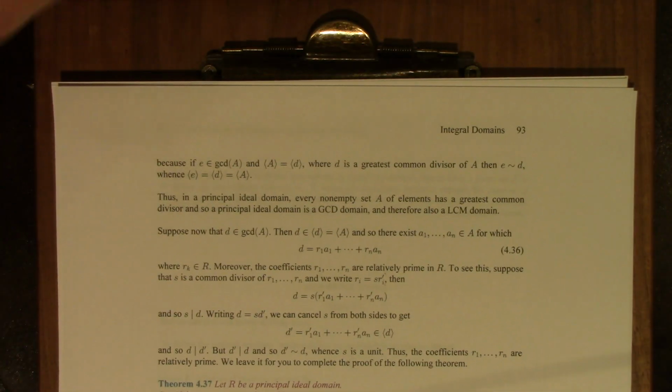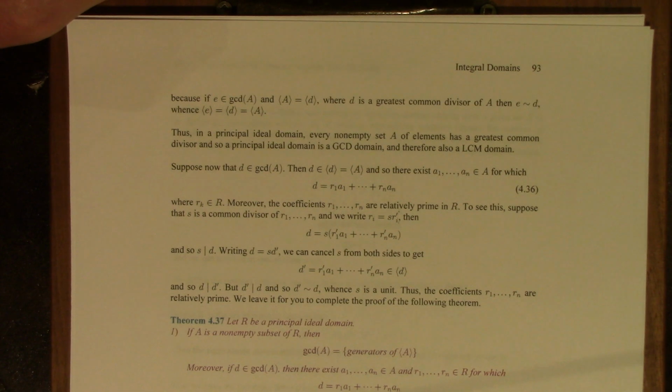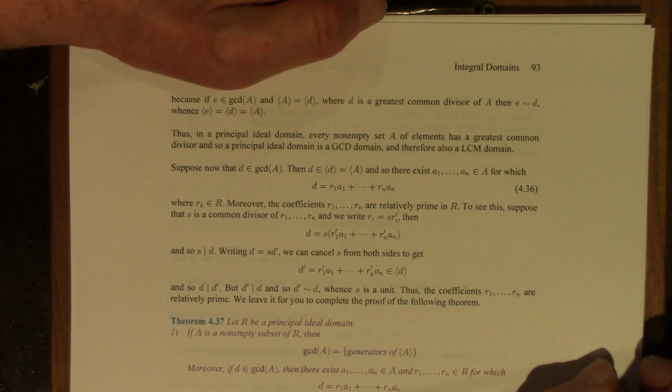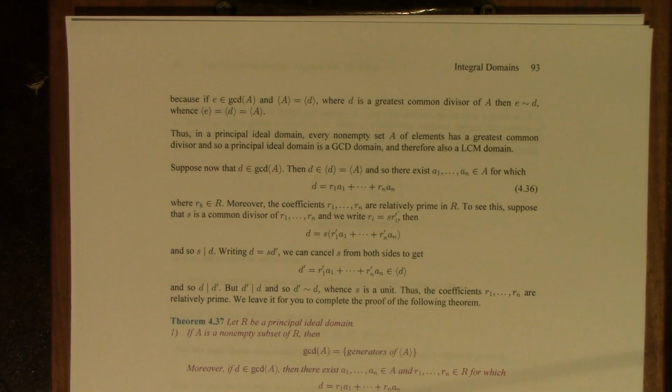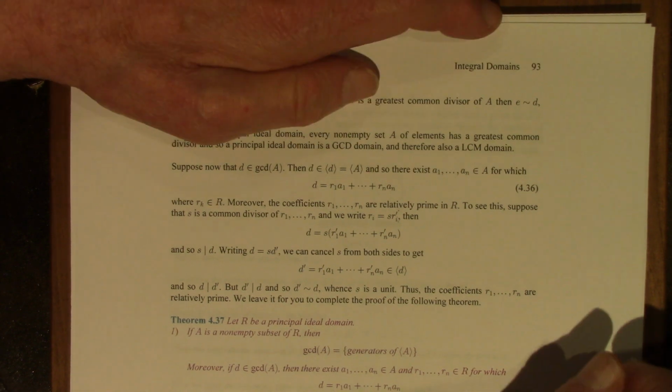In the next chapter, we will discuss factorization in integral domains. We've spent quite a bit of time with divisibility in integral domains. We'll discuss factorization and unique factorization. Factorization in particular into irreducible, product of irreducible elements.